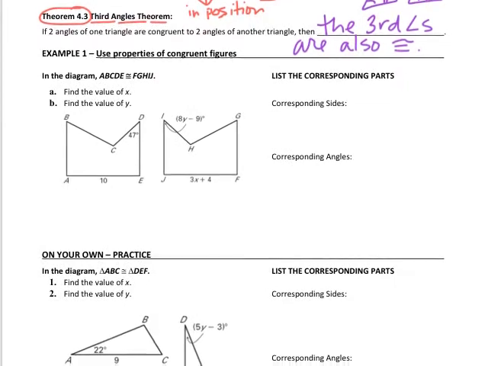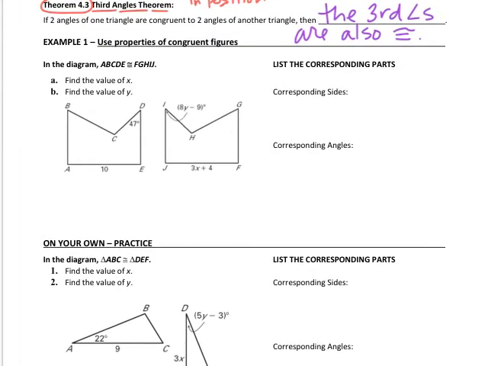It says, use properties of congruent figures, and it says that in the diagram, this figure is congruent to this figure. Now there's a couple important pieces of information you can get from the way that they've named this. If you take a look at the first figure, they start at point A over here and go to point B. So AB is going to be congruent to FG in the other figure.